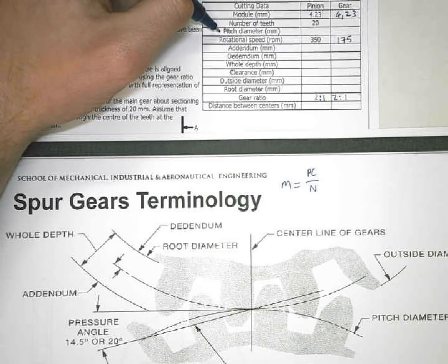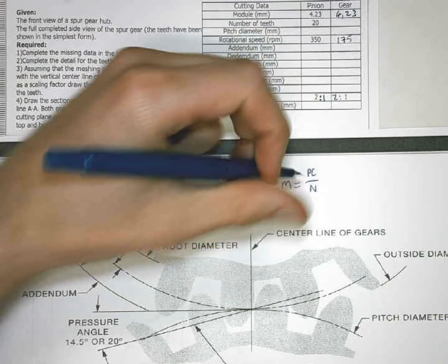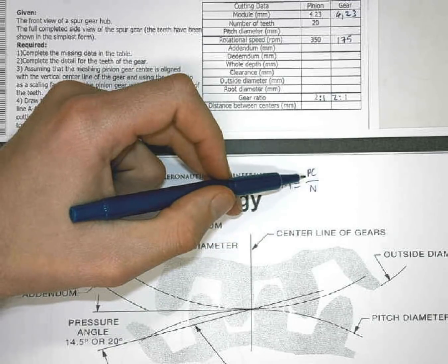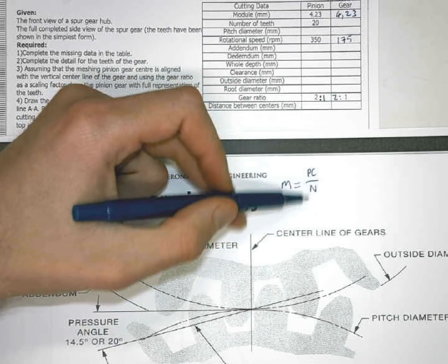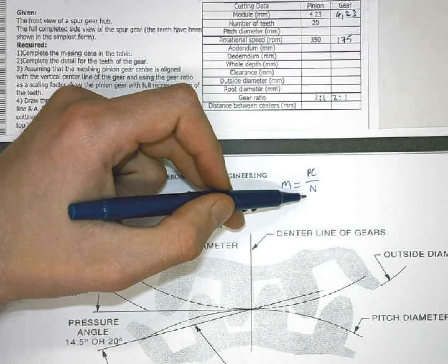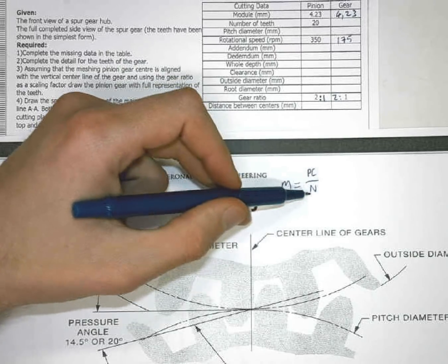We'll then look at the pitch diameter of the pinion. The module of your gear, given by M, is the pitch circle diameter divided by your number of teeth. So it's the ratio of your pitch circle diameter to the number of teeth. We know what our module is, and we know what our number of teeth is.